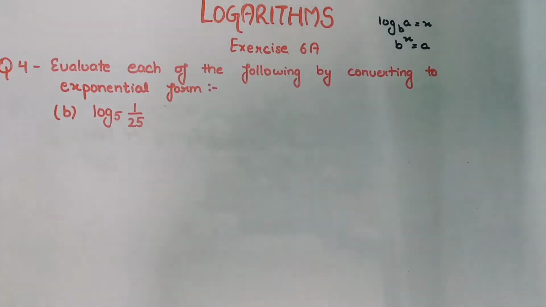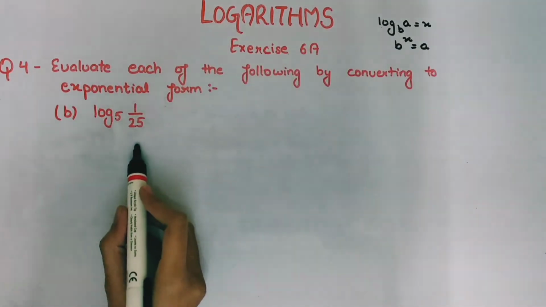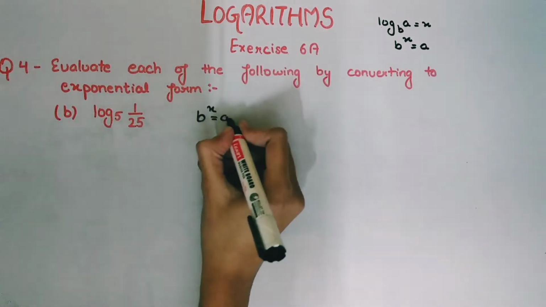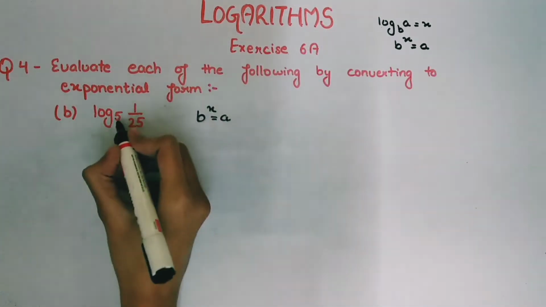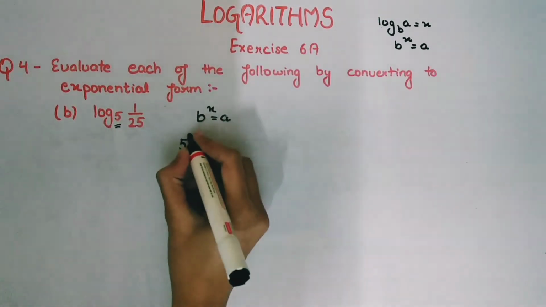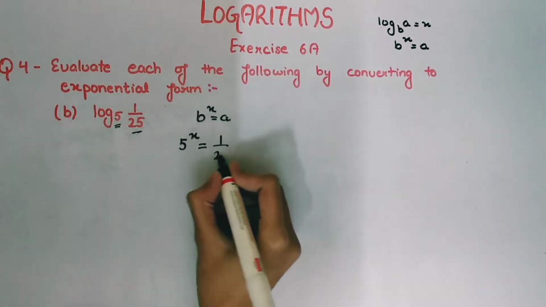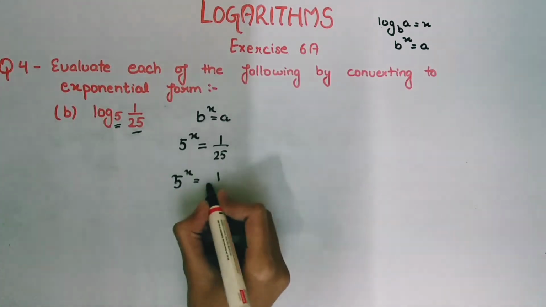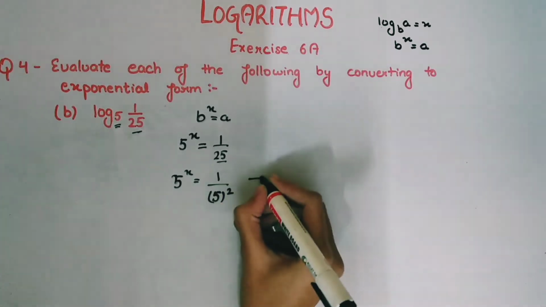We have the second part, that is log of 1 divided by 25 to the base 5. We have to evaluate this. We know that the exponential form of logarithm is b raised to power x equal to a. Here we have base 5 raised to power x, which is equal to 1 divided by 25. 25 is the square of 5, so 5 raised to power 2.